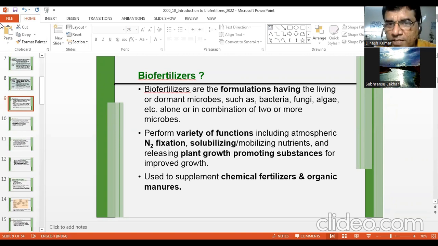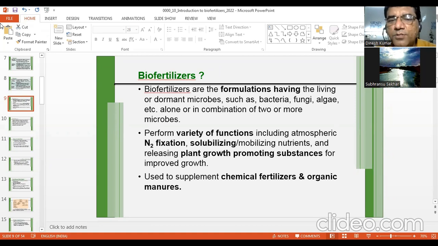Biofertilizers are formulations. You need to remember the word formulation, having living or dormant microbes. And you know what the microbes are: bacteria, fungi, algae, etc., maybe alone or in combination of two or more microbes. That is biofertilizer. And then you can add that they perform a variety of functions, including atmospheric nitrogen fixation, solubilizing or mobilizing nutrients.